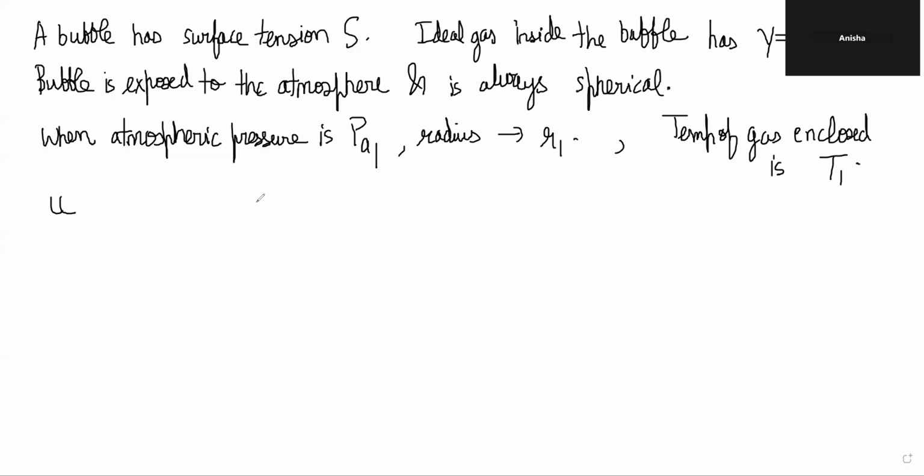And when atmospheric pressure is PA2, the radius of the bubble is R2 and the temperature of the gas enclosed is T2. Now they're asking which statements are correct.